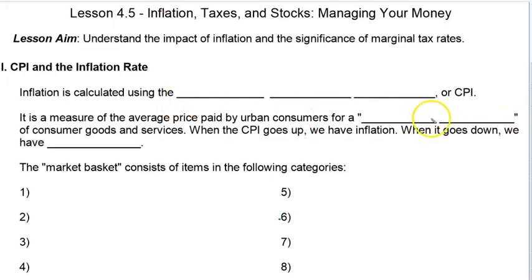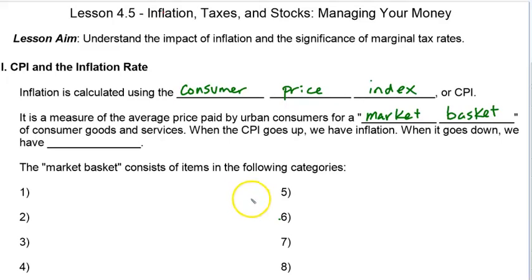Inflation is calculated using something called the Consumer Price Index, or we will refer to it as the CPI. It's a measure of the average price paid by most consumers for what is called a market basket of consumer goods and services.